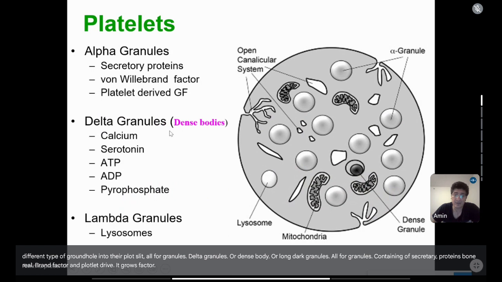Delta granules: calcium, serotonin, adenosine triphosphate, adenosine diphosphate, and pyrophosphate.